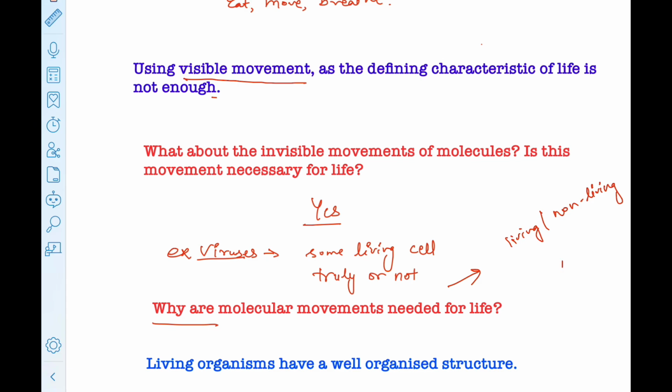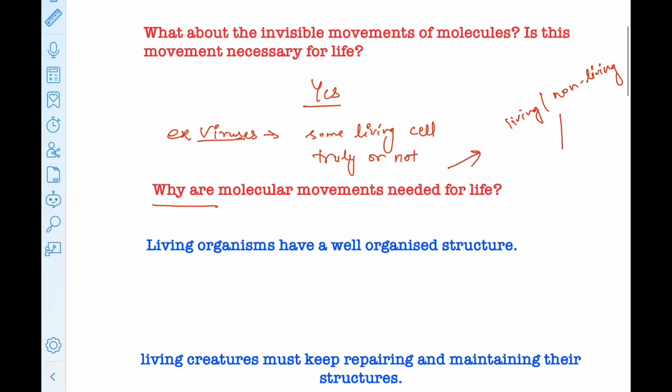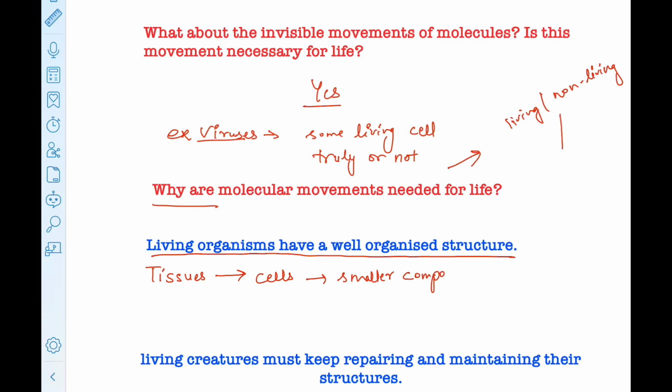Okay, now we all know living organisms have a well-organized structure. We know tissues have cells and cells have smaller components, right? And tissues also form organs and then an organ system is formed.